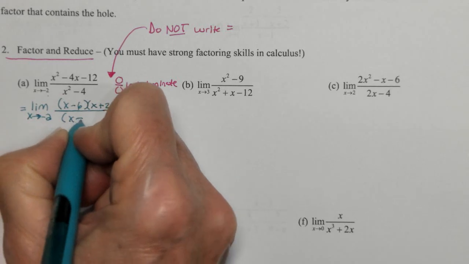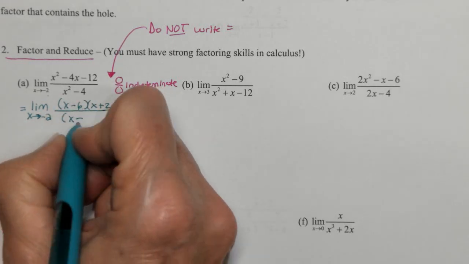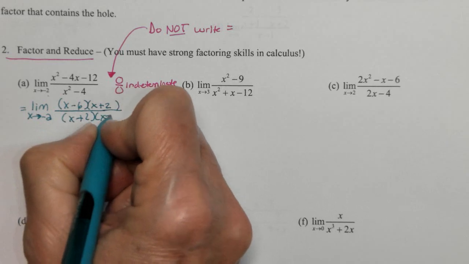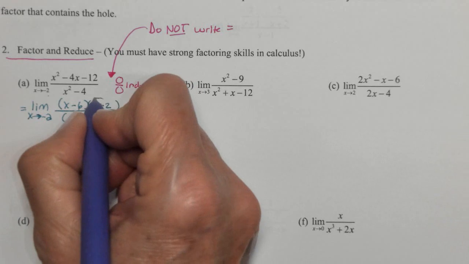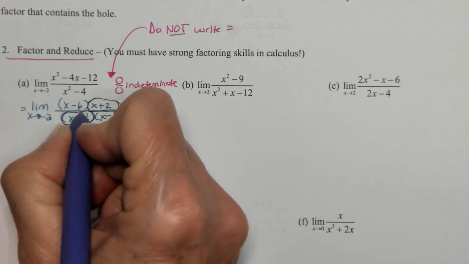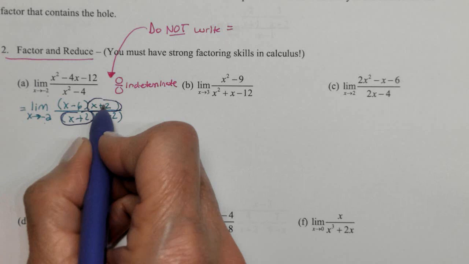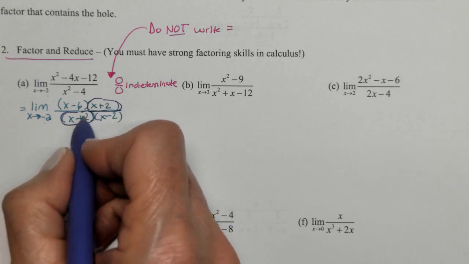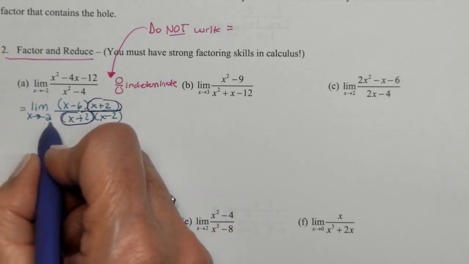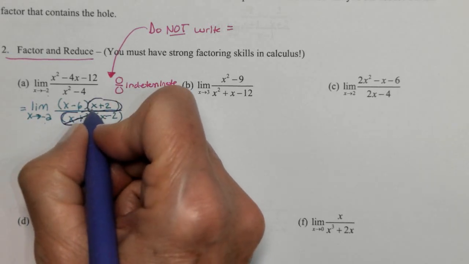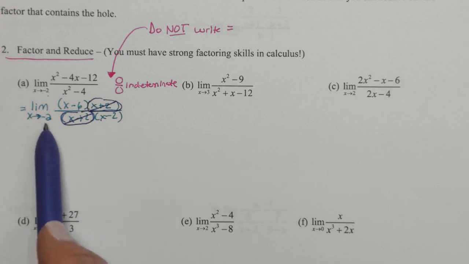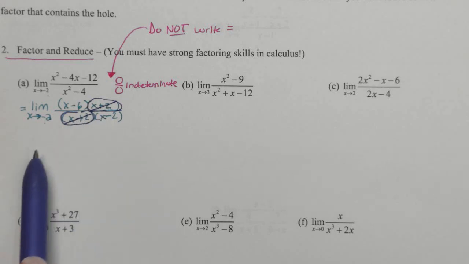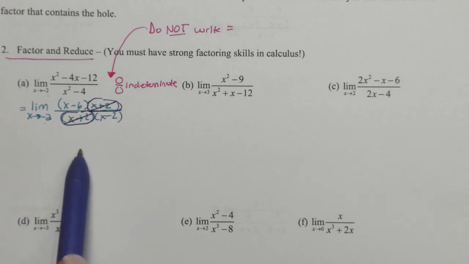And the denominator is a difference of squares, so this would be x plus 2, x minus 2. And I have found my hole. My hole is when x is negative 2. So x plus 2 are the two same factors, which is when x is negative 2. I'm going to cancel those out, which I can do because I'm only approaching negative 2. I'm not equal to negative 2. Normally you could not cancel those out, you leave them.